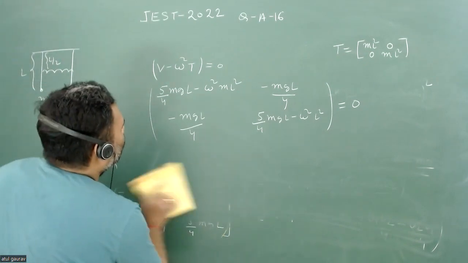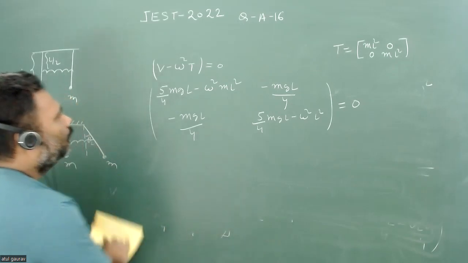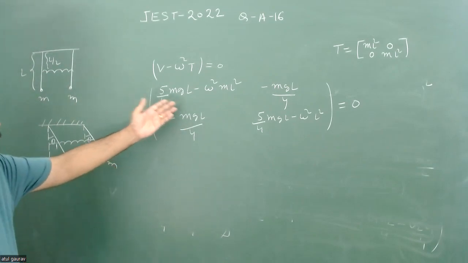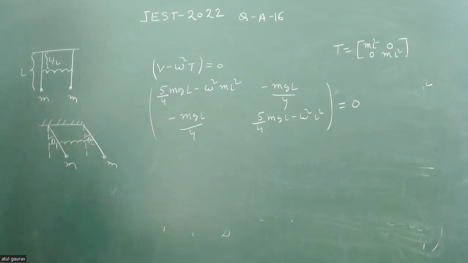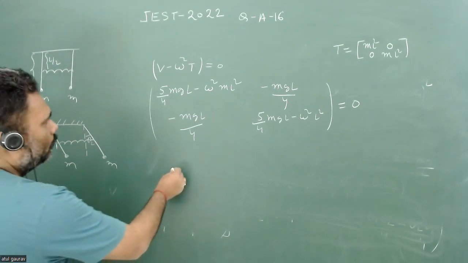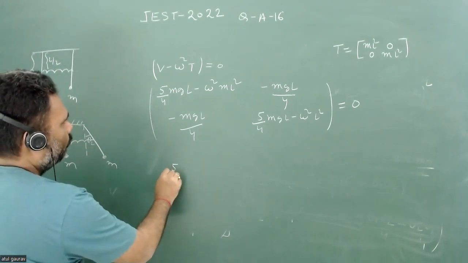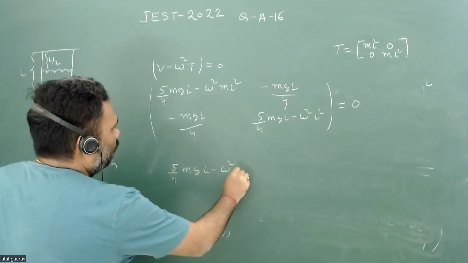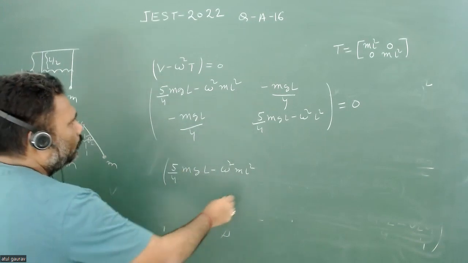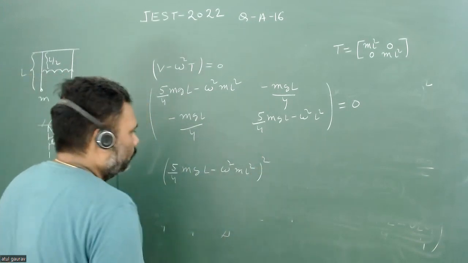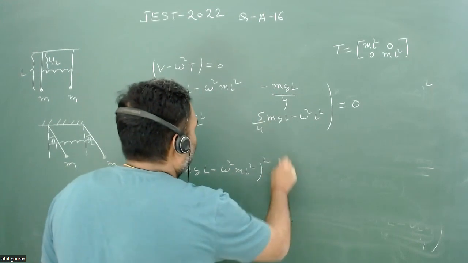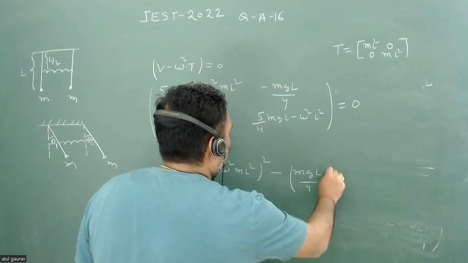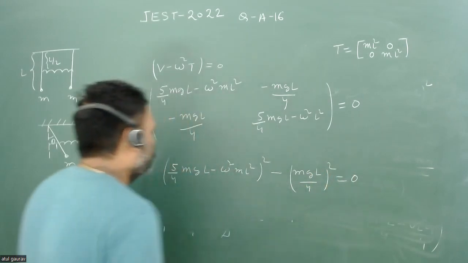We can take mgl as common everywhere, or we can solve it directly also. There is no problem. So 5 by 4 mgl minus omega square ml square, whole square, minus mgl by 4 whole square is equal to 0.